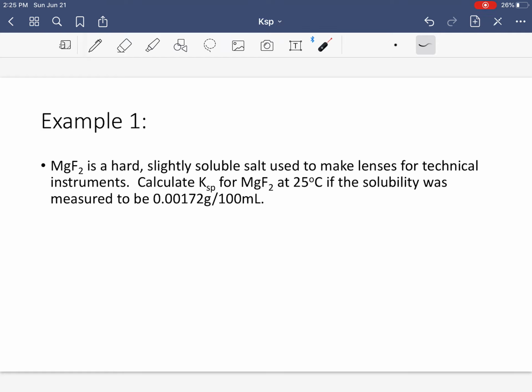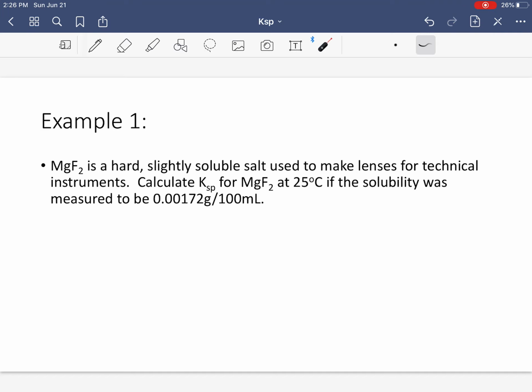Prove to you a certain, I guess, Ksp value in terms of how that works. And let me just tell you that this means it takes this much MgF2 dissolved in 100 milliliters of water to reach your saturation point. I want this information to be in Ksp.